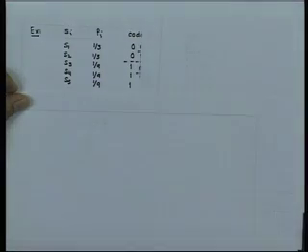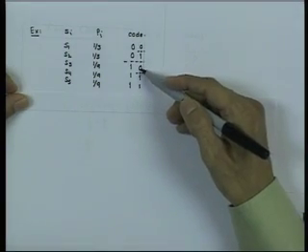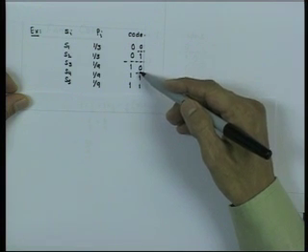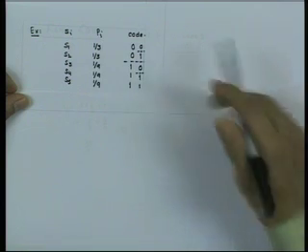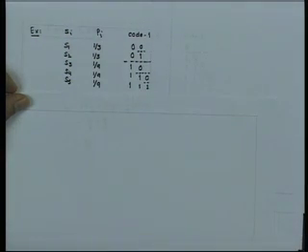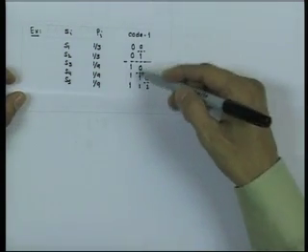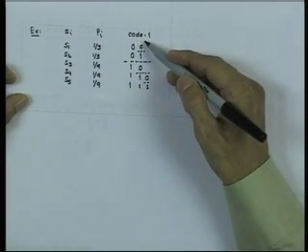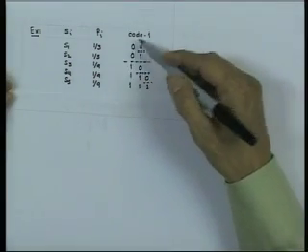So if you do that, I get 0 1 1. This group is done because there is only one source symbol out here, but here in this group there are 2 source symbols, so I have to again further divide it into 2 parts, and when I do this I get 0 1.